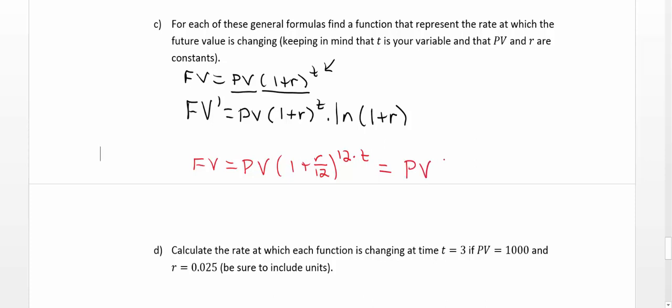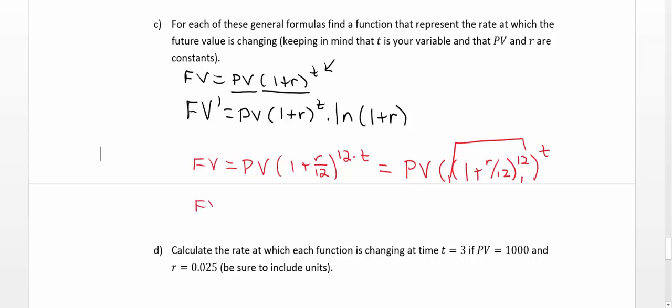So I can rewrite this function as PV times (1 plus r over 12) to the 12th, all raised to the t. Because remember, if you raise a power to a power, you multiply the exponents together, which means if you have two things multiplied together in a power, you can separate them as a power raised to a power. The reason this is helpful is because this here, (1 plus r divided by 12) to the 12th, is going to be a number in itself because r is the interest rate, and so all of that is a constant number.